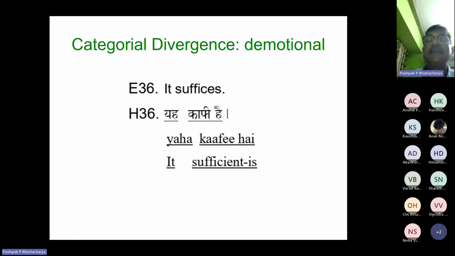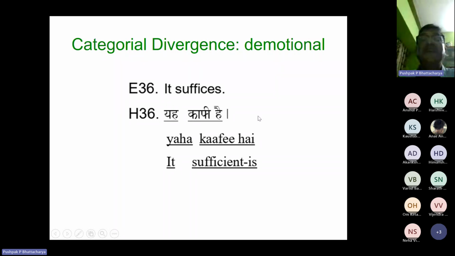In categorical divergence, you can have demotional and promotional divergence. Demotion means the part of speech category goes from a higher level entity to a lower level entity. What is a higher level and lower level entity? The highest level entities are nouns and verbs in the part of speech hierarchy. Adjectives and adverbs, which qualify nouns and verbs respectively, are at a lower category.